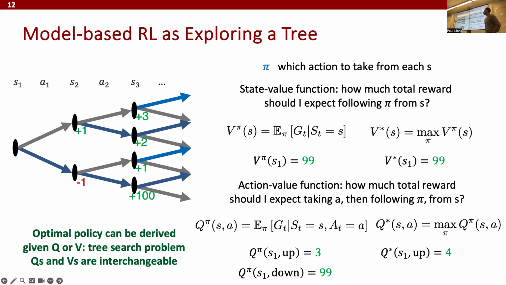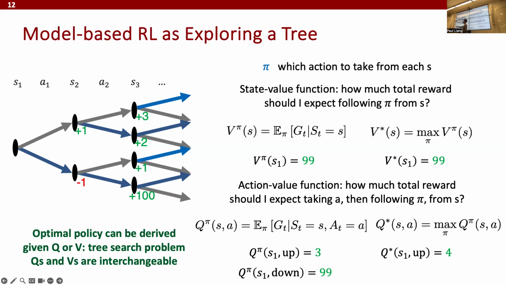So a lot of model-based RL is exactly about deriving these Q of S, A and V of S. Back in the days, people would use dynamic programming when exploring the tree. Nowadays, people, of course, use neural networks to approximate Q of S, A and V of S. But once you derive it, the optimal policy can essentially be done by looking at it as a tree search problem.